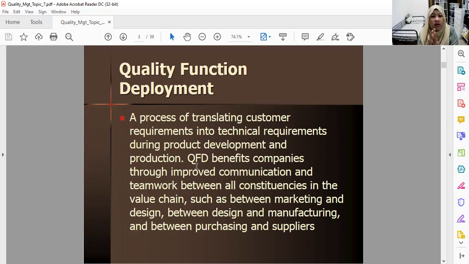Let me give a very simple example. The customer may demand a product, for example a smart TV, LED, or maybe something more advanced than LCD or plasma, such as 2K or 5K vision, crystal clear HD.